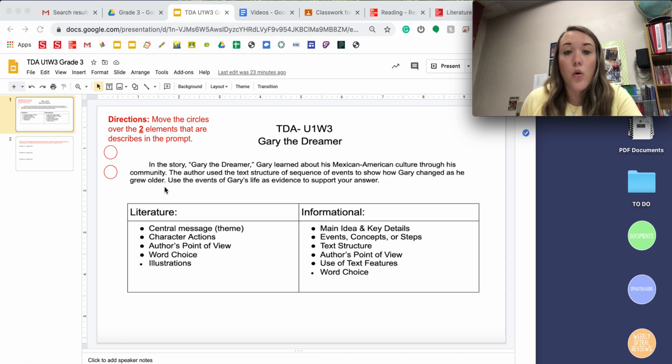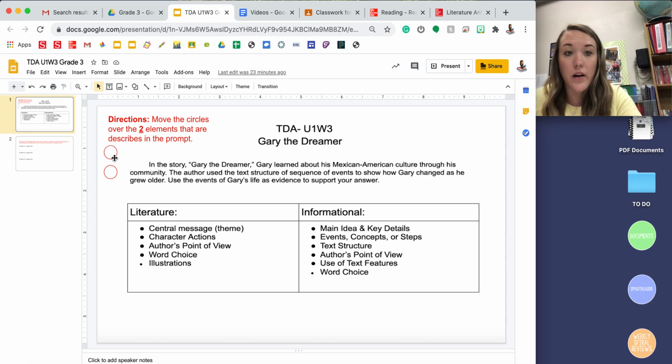This week, we are looking at an informational or nonfiction text, meaning you do not even need to look at this literature side. I notice the words text structure in that second sentence. Therefore, one of my elements is text structure.